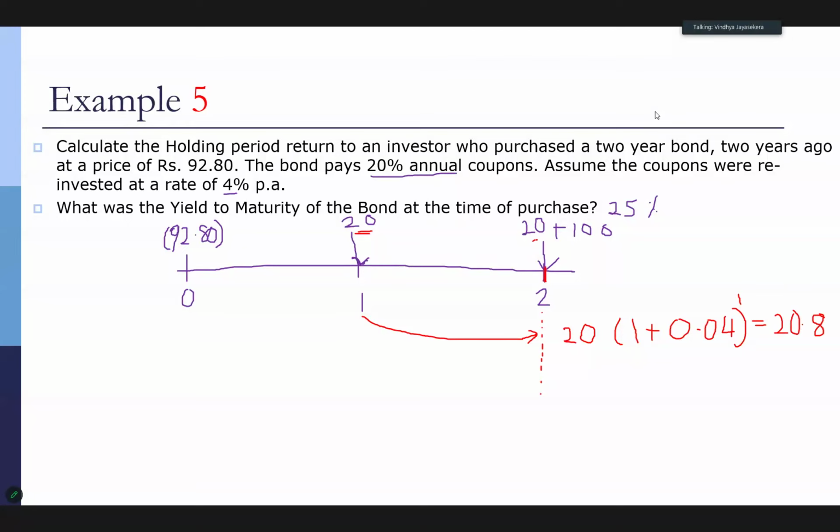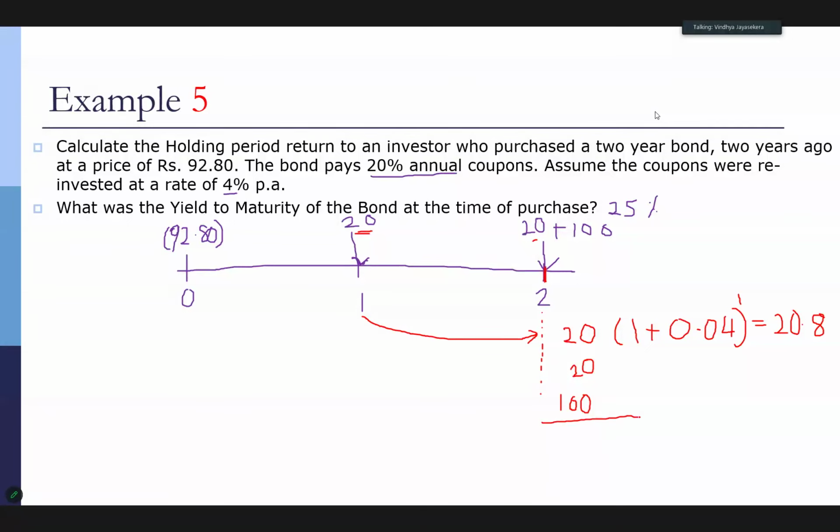This coupon can't be reinvested because we are at the end of the period anyway, right? So this coupon is cash that I already have in my hands at the end of the period. And I get 100 rupees face value at the end of the period. So those are all my cash flows at the end of the period.